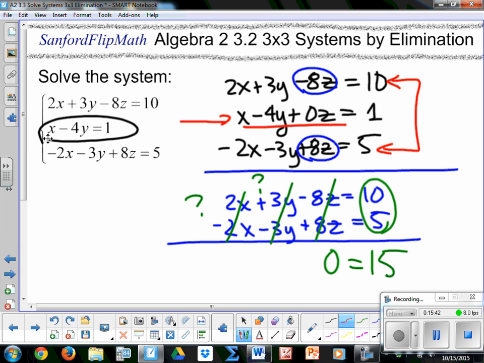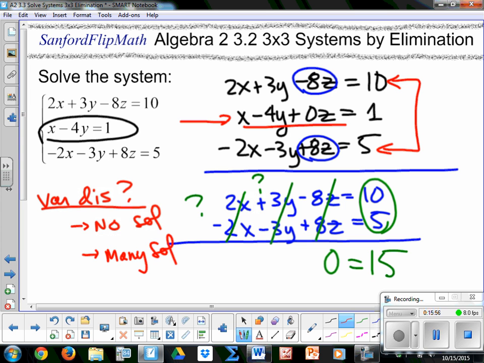So if the variable disappears, there are two possibilities. Either it's no solution, or everything is a solution, or there are an infinite number of solutions. Remember that the choice is this.